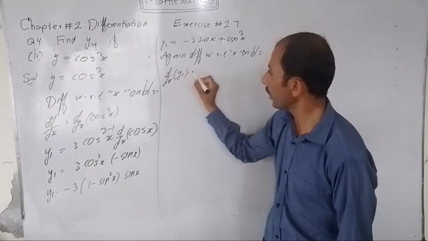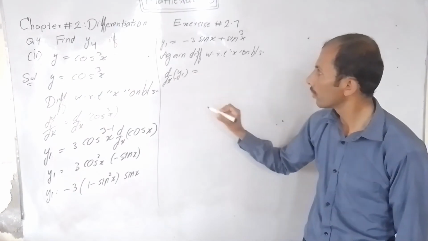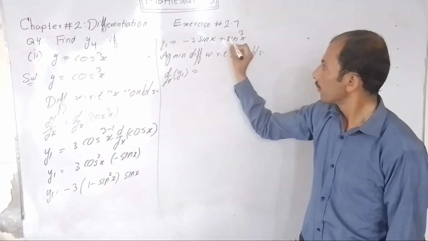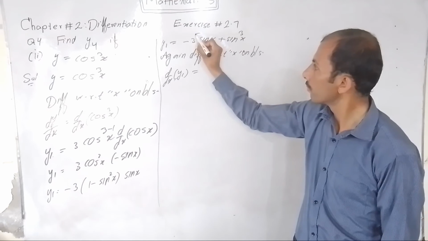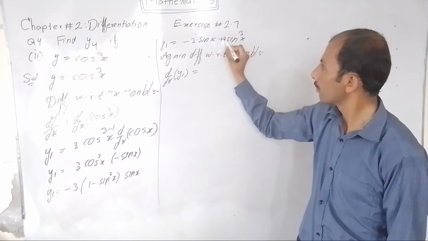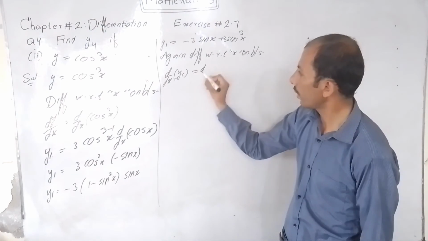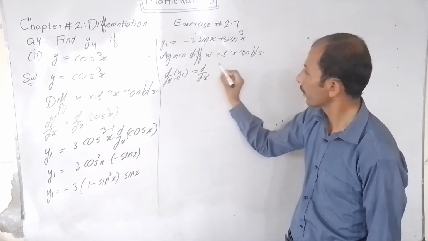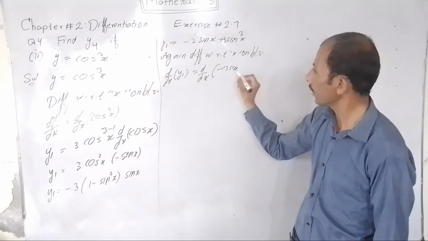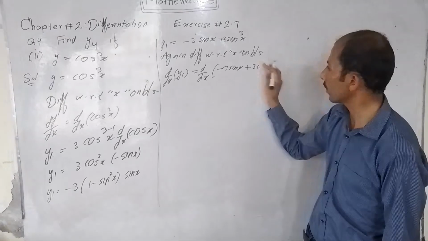The derivative of y1 is the derivative of minus 3 sin x plus 3 sin cube x.